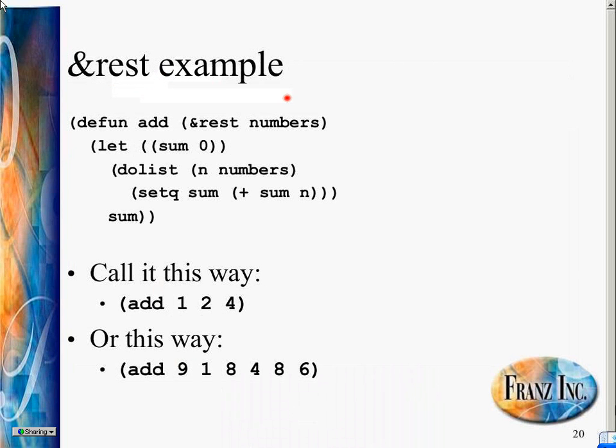There's another kind of optional argument called an &rest argument. It takes, after the required arguments, any number of arguments you want. You just type them in for as long as you want. The maximum number is probably, I forget what it is, but it's in the thousands, or it may be in the millions for all I know. It's a very large number, more than you would ever practically call things with.